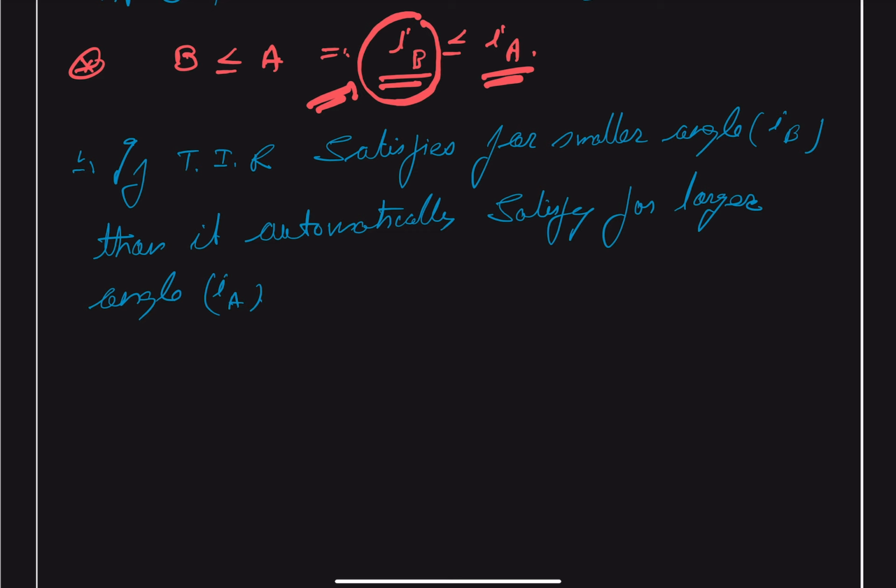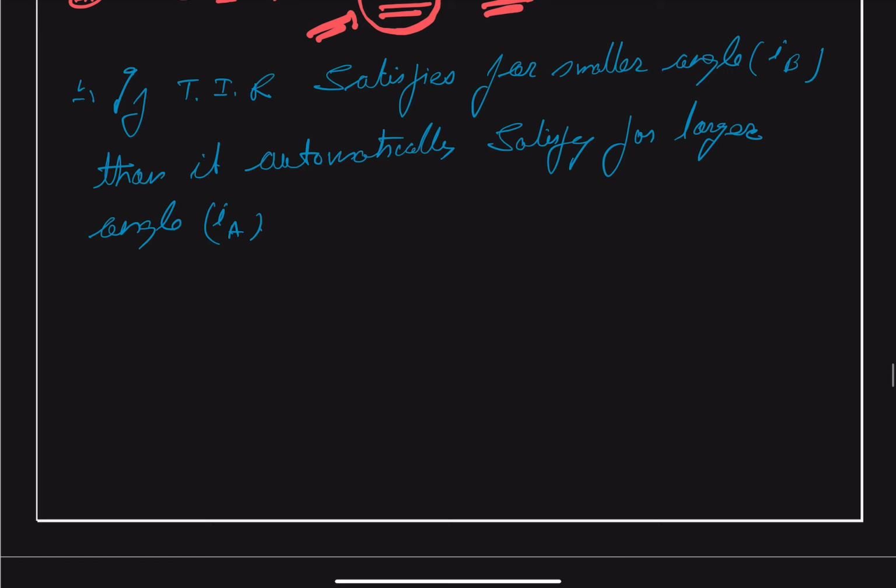So we are going to check only for angle IB. You can say that total internal reflection at B is to be checked.